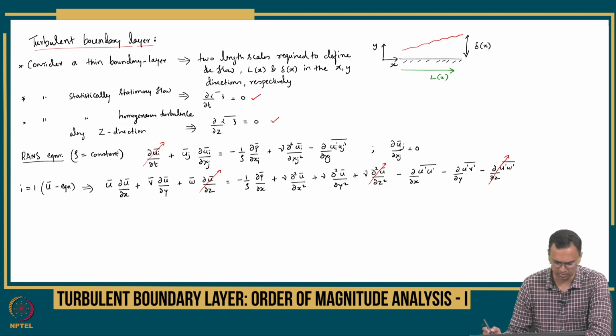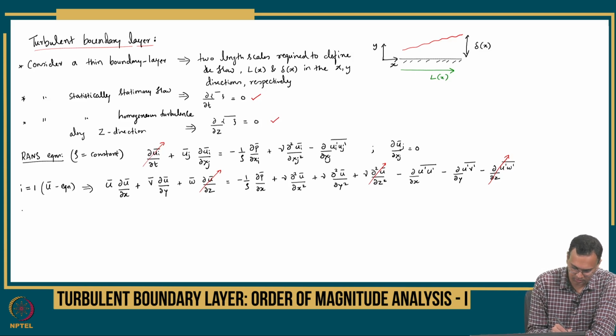Similarly, you can get the v equation also. Let's say if I take i equal to 2, which is the v momentum equation, I'll get u bar dou v bar by dou x plus v bar dou v bar by dou y.